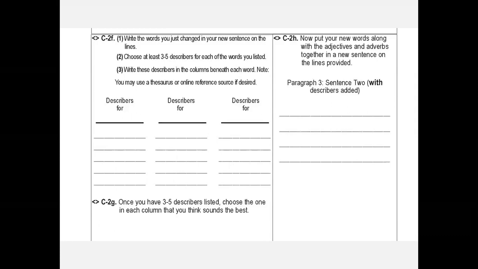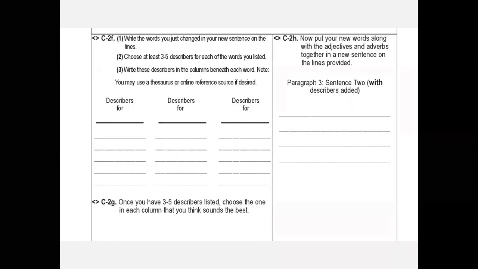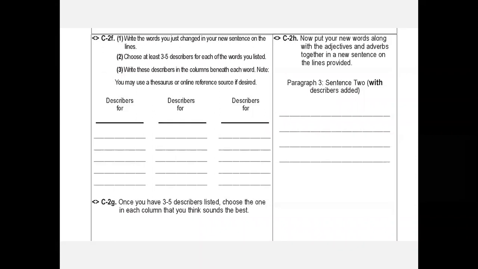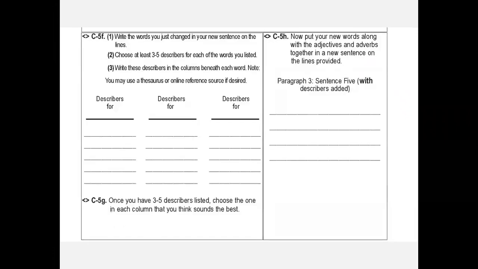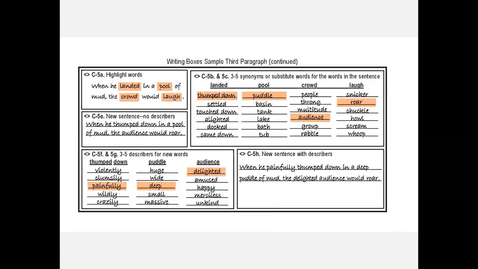I have a lot of new products in the last 5 years, new tools and techniques, but writing boxes have been one of the hugely popular ones that Joshua and I have written in the last few years. So you can see there, they do the describers, they do it again, and then of course, you know me, everything has a sample. If it needs an answer key, it has an answer key, and so forth. So you can check that out.